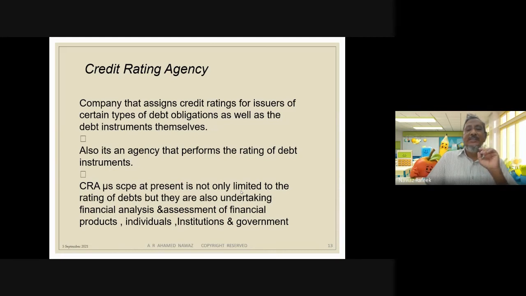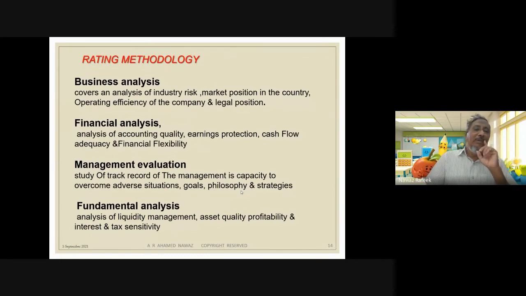That is called financial due diligence, assessment of financial products, loans, overdrafts, debentures, shares, all are financial products, for individuals, institutions, as well as the government. So it has a widely accepted authority for the CRAs. The rating methodologies are different.